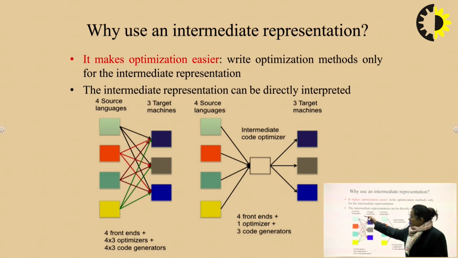This is a very complex situation when we directly convert the source language program into the target machine program. So, with the help of intermediate code, firstly the source language program is converted into intermediate code, and then the intermediate code optimizer converts that code into target machine code.